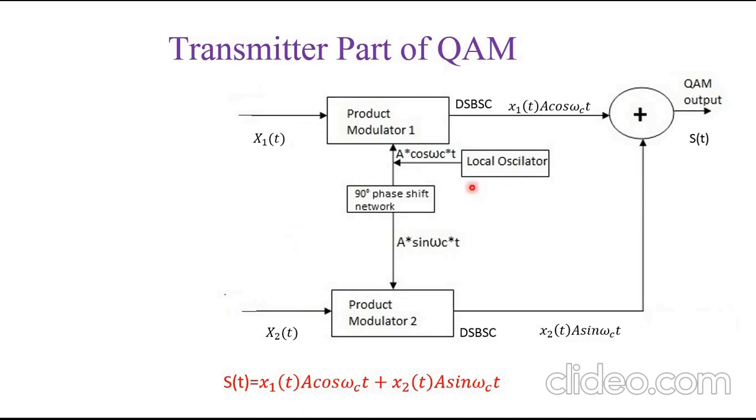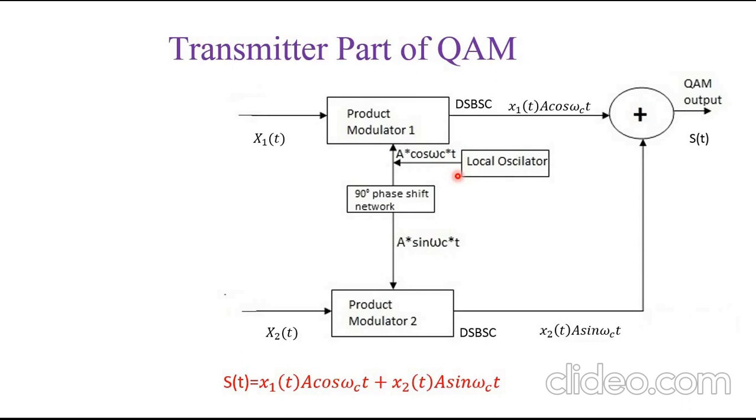We have the carrier signal c(t), which is A cos omega c t. This is our carrier signal, and this is what we are translating into quadrature phase.